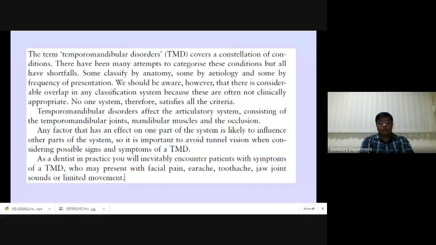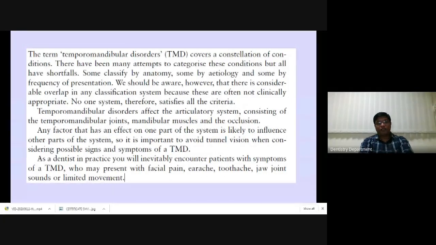And because these are often not clinically appropriate, I personally hate classification, because most of the time you will not get a patient based on our classification. The best example is trauma. When you study maxillofacial trauma, you get Le Fort 1, 2, 3. We used to classify midface fractures like that.